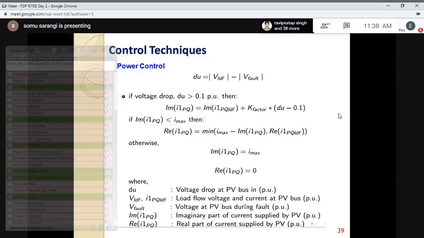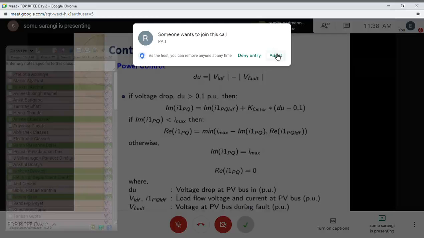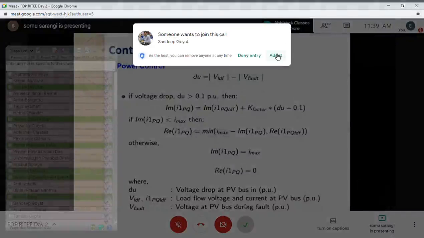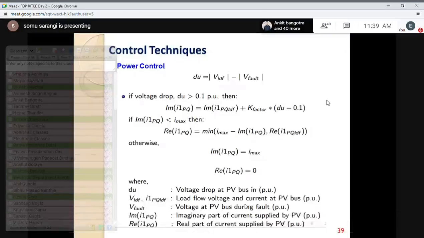So basically, you may observe the change in voltage we have during fault. The change in voltage is used to set the input current or power. The imaginary part of the current is maintained at I maximum. And the imaginary part of I_PQ is given by the imaginary part of I_PQ_LS plus some factor K into (ΔU minus 0.1).